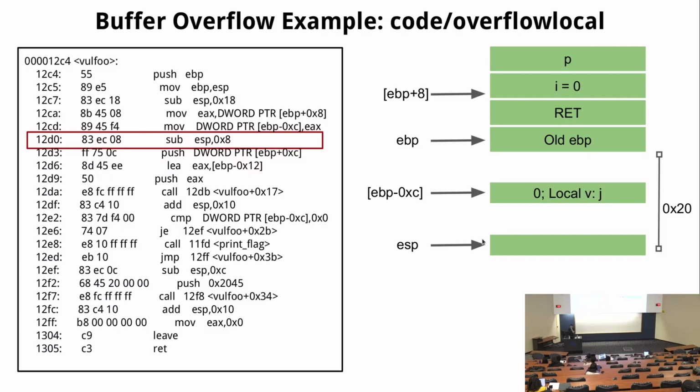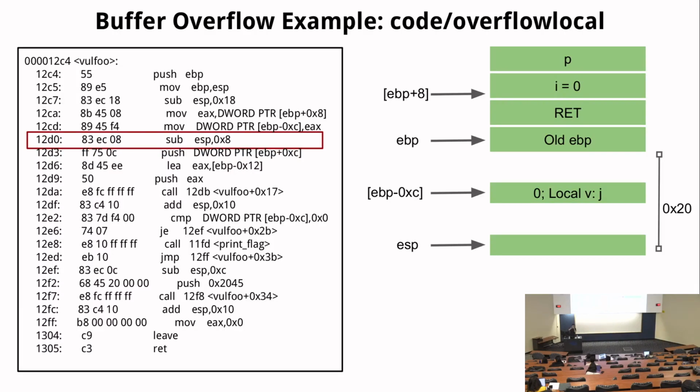Then we are going to make a function call here. This will be making a function call, and that's the string copy function call. The string copy has how many arguments? Exactly, two, right? Which means this is 32-bit.